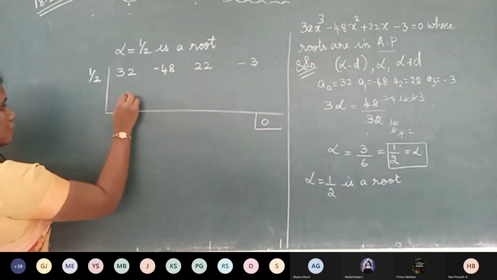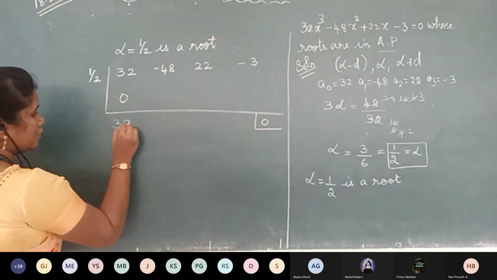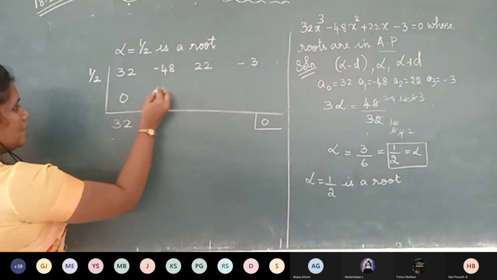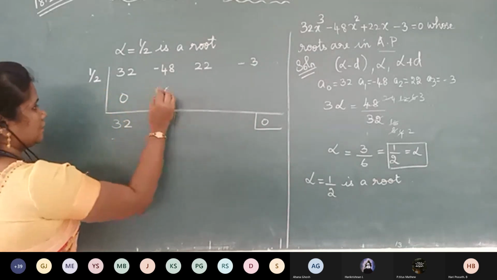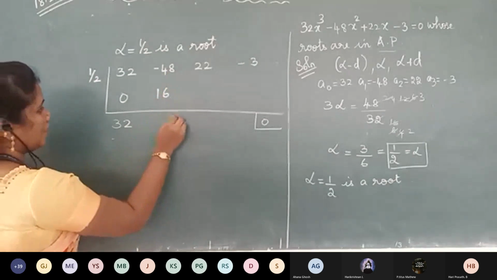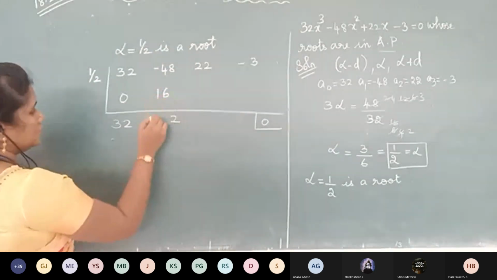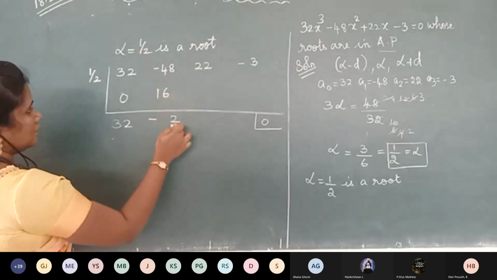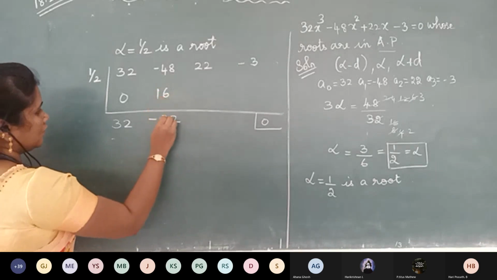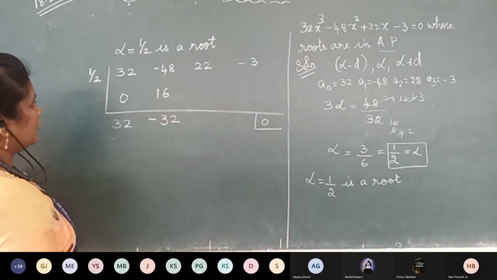First you put 0, so it becomes 32. Divided by 2 will become 16. Minus 32.